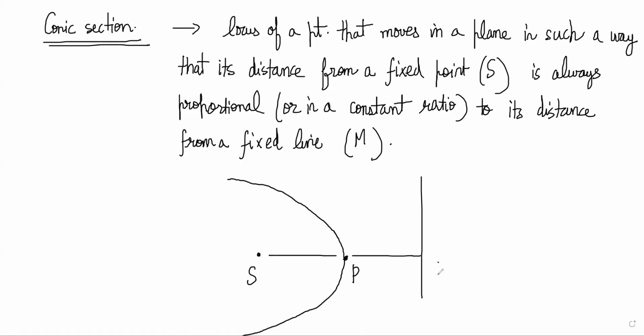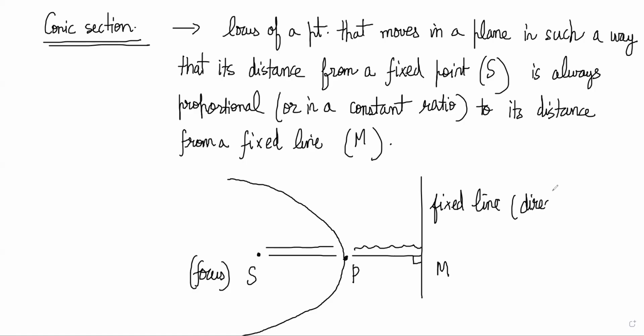PS by PM, this is the PM, the perpendicular distance to this fixed line. This is the distance to the fixed point. This fixed point is known as the focus, and this fixed line is known as the directrix.